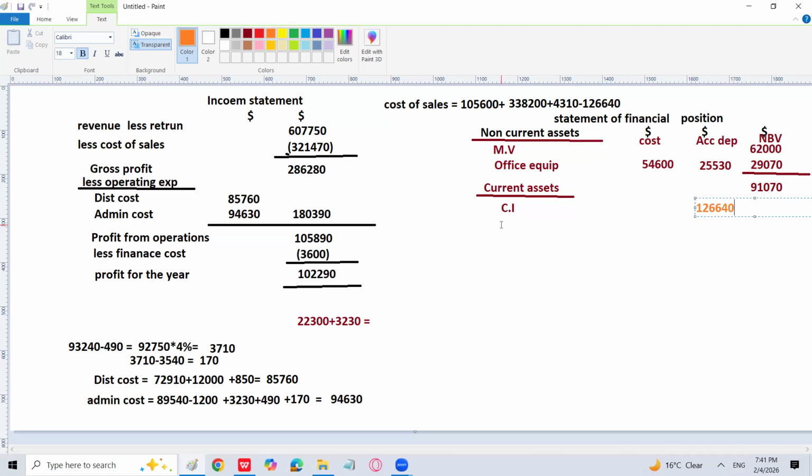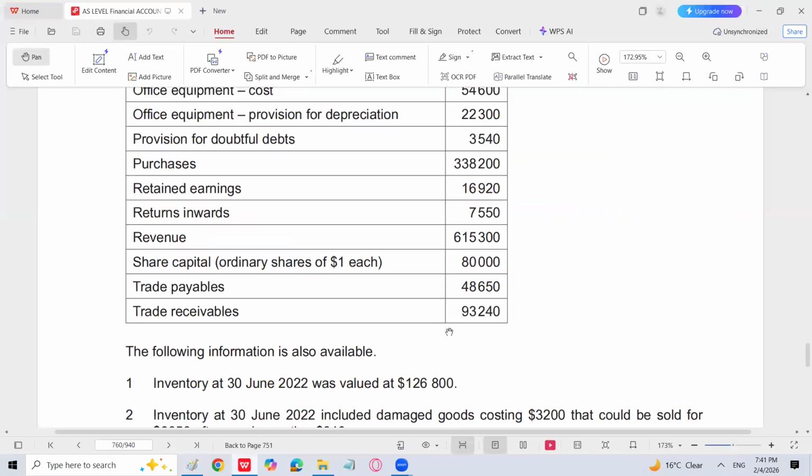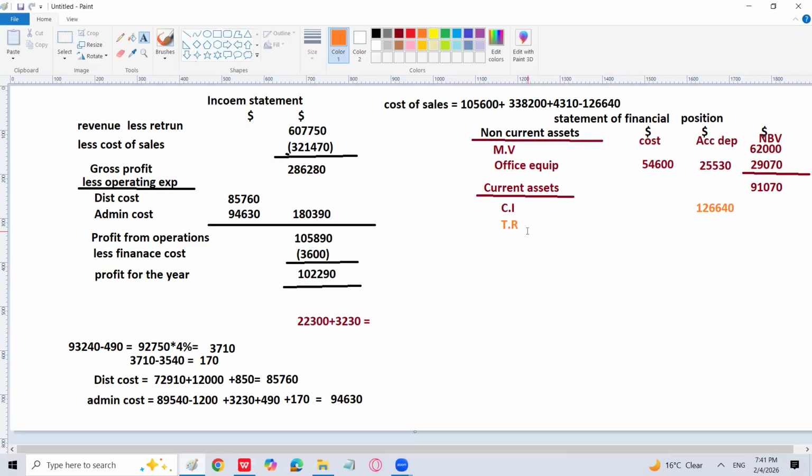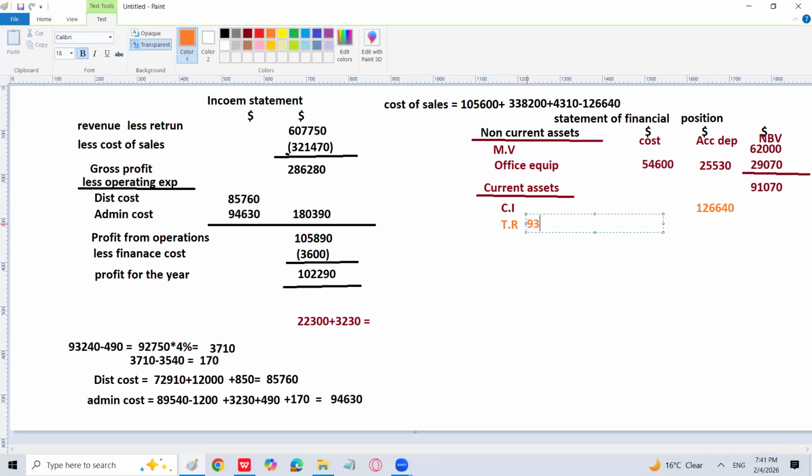Right? Now I'm going to write the trade receivable. So trade receivables given in the question, let me see, 93240. If you want to write, you can, otherwise you don't need to write also. 93240 minus the bad debts, which has to be subtracted from the trade receivable, 490, and minus the provision, total provision 3710.